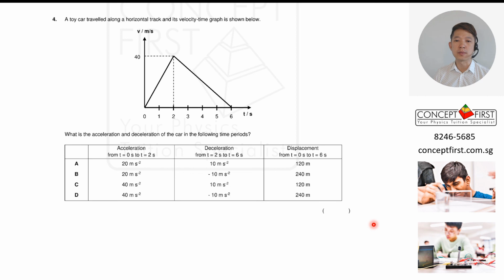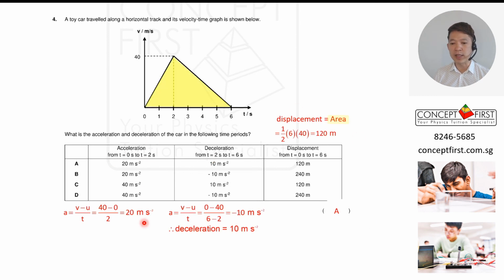Question 4. So we just have to do for the different time period, find the acceleration. 40 divided by 2, we got it. Now deceleration. Here, I just want to remind you, use this formula confidently. Determine the final and initial velocity. The final velocity being 0, the initial being 40.